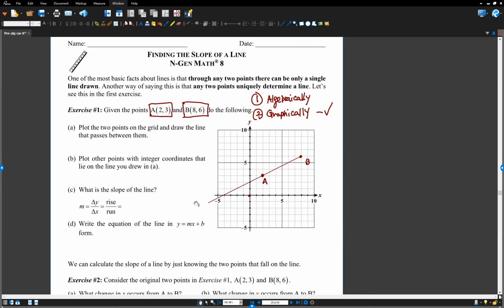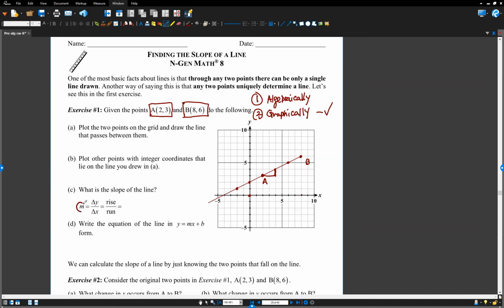Slope and y-intercept. Where is the slope? We already have two points. Oh, this is another point, because it's an intersection of the grid lines. Any two points are okay. What is the slope? Change in y is 1, change in x is 2.